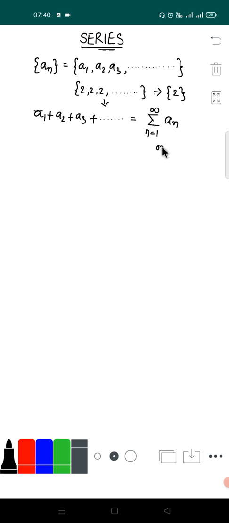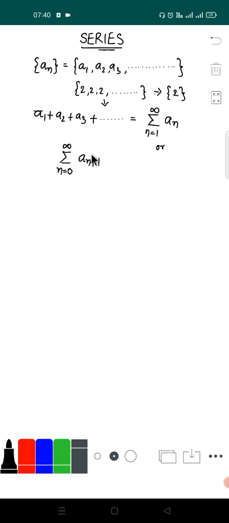Or we can also represent this like this: the summation of a n plus 1, where n goes from 0 to infinity. If n is 0, it starts with a1, right?